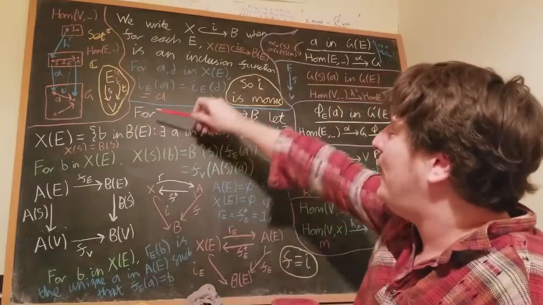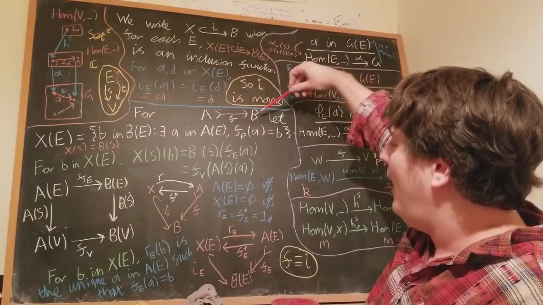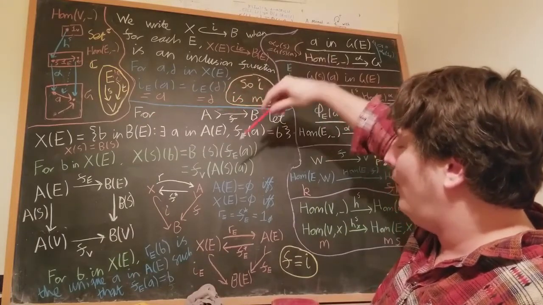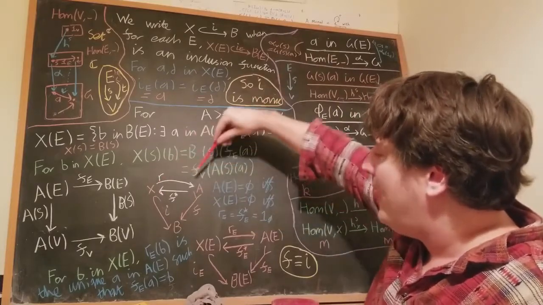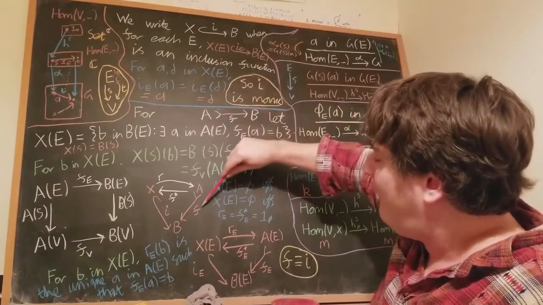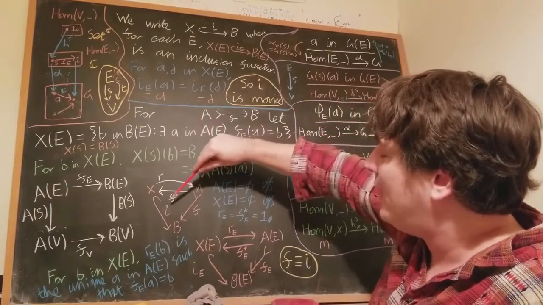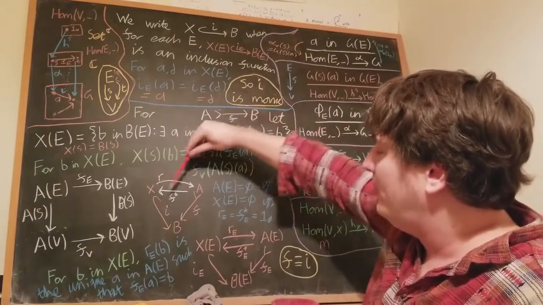So let's suppose we have a monic f from A to B. Basically, what we want to do is cook up a diagram like this. We have this monic f, and we want to find this inclusion monic I, which is equivalent to f.